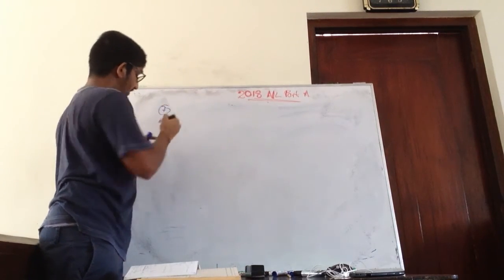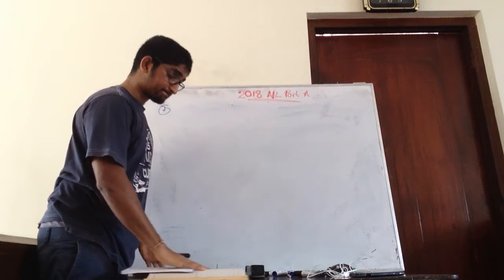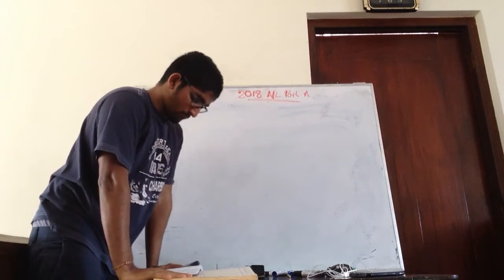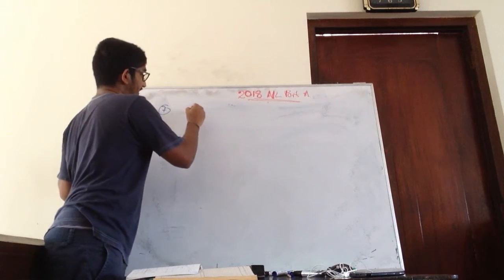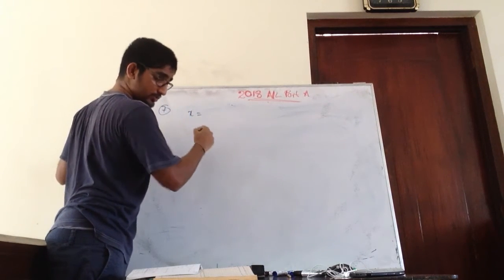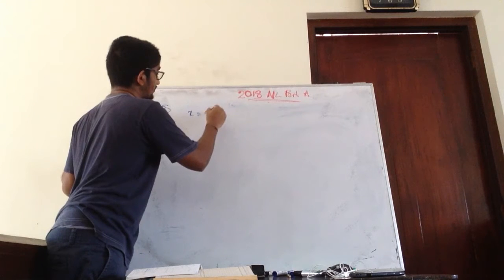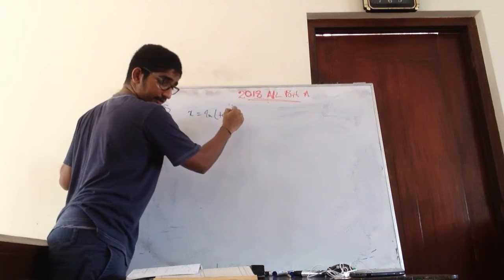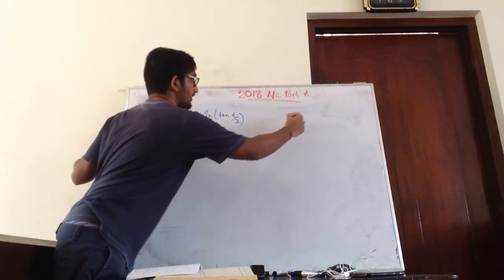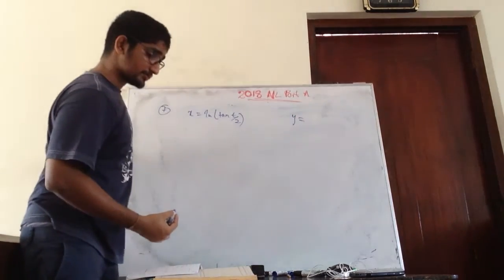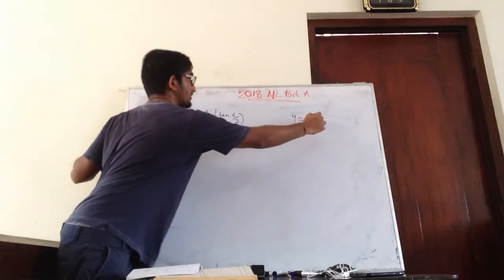So in this question they are saying that x equals ln tan(t/2), and then y equals sin t.